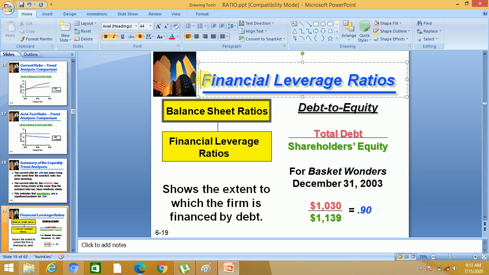The second type of ratio is financial leverage ratios. Financial leverage ratios show the extent to which the firm is financed by debt. Leverage basically means the use of debt financing.